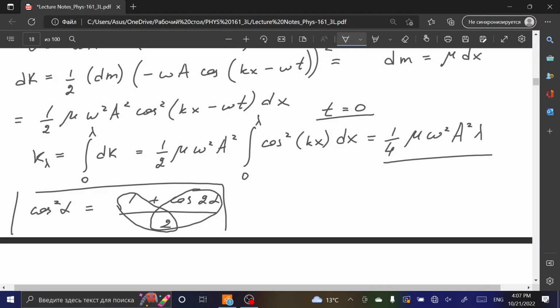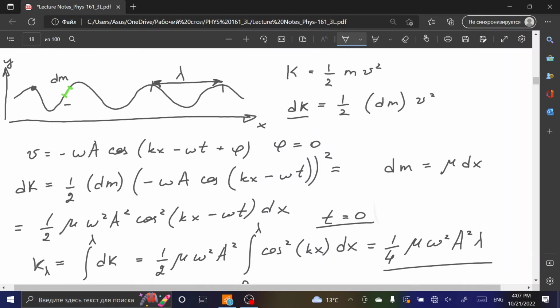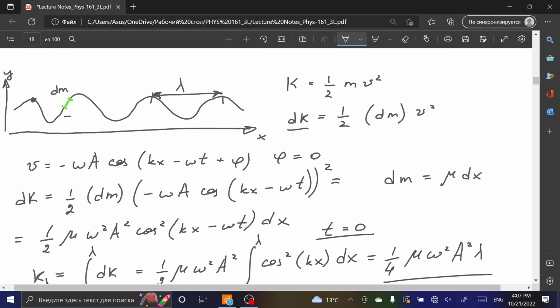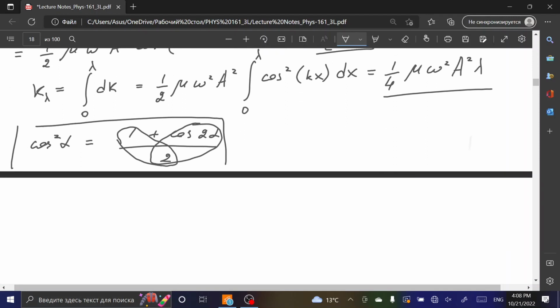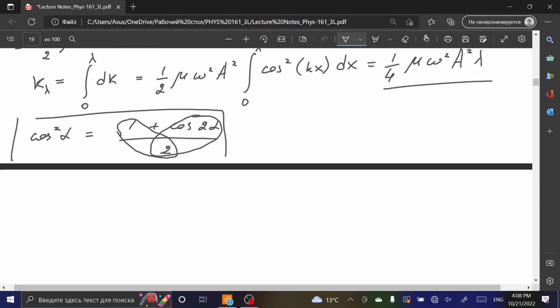However, it's not the total mechanical energy because besides kinetic energy, we also have potential energy. Some elements of the string are located in different positions relative to other elements. There is some tension, and all of that combined provides certain potential energy present in the string along this wavelength.